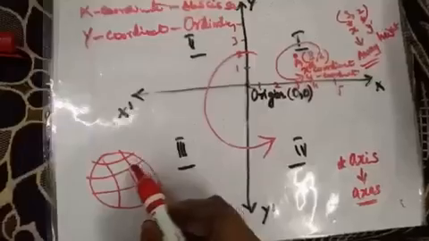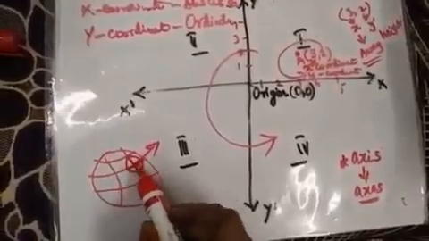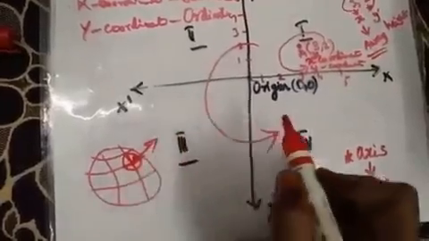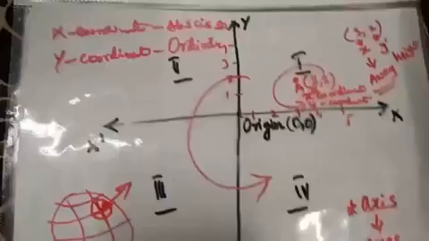These are imaginary lines on the globe through which pilots locate a particular point. When they locate a point, this little region acts as a coordinate plane, giving you the location. From the x-axis you move in this direction, from the y-axis you move forward. So this is the real life application of coordinate geometry.